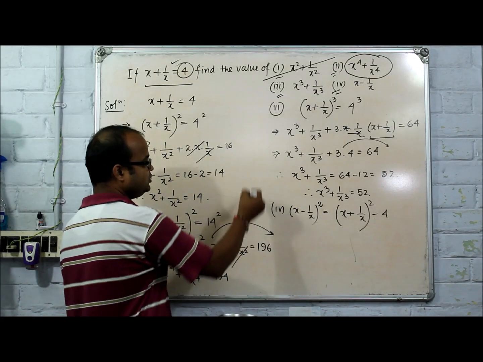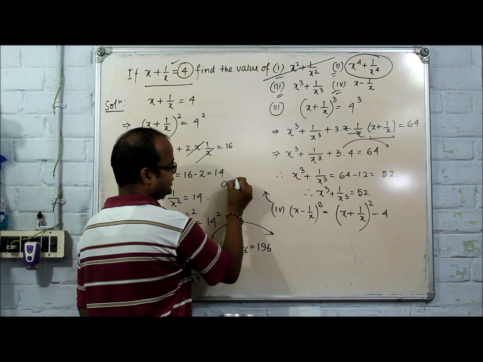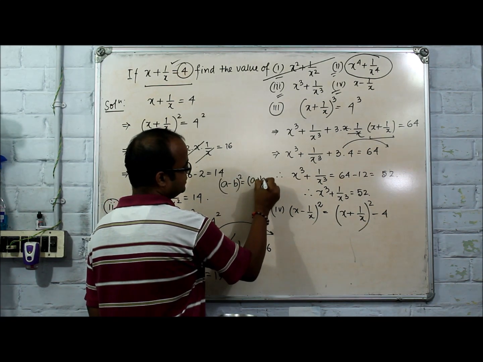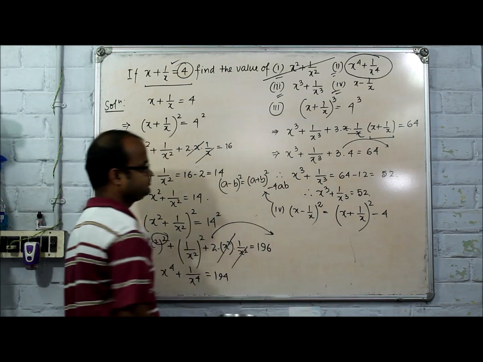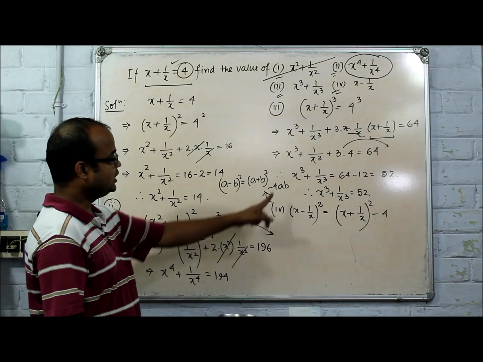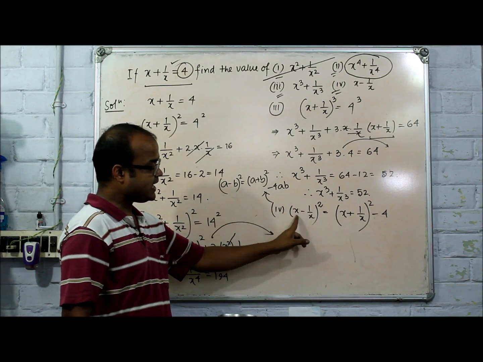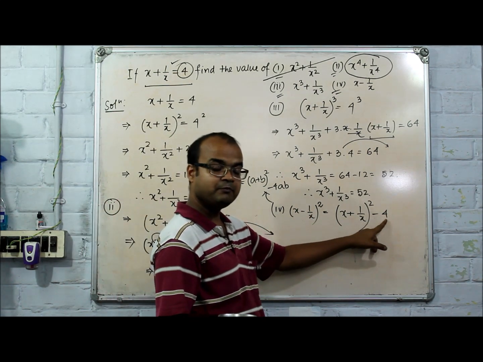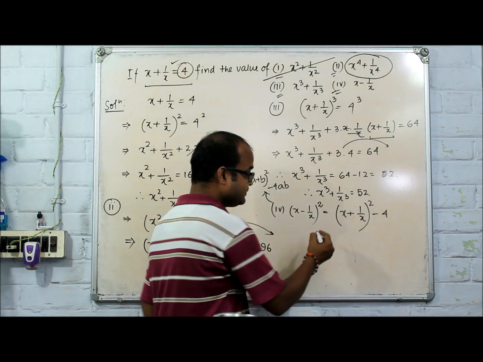Again I am reminding you, here I am using this (a minus b) square is equal to (a plus b) square minus 4ab formula. Clear? So now 4ab means 4 into x into 1 by x. So x will get cancelled. So we are getting minus 4. I hope you understand this one.